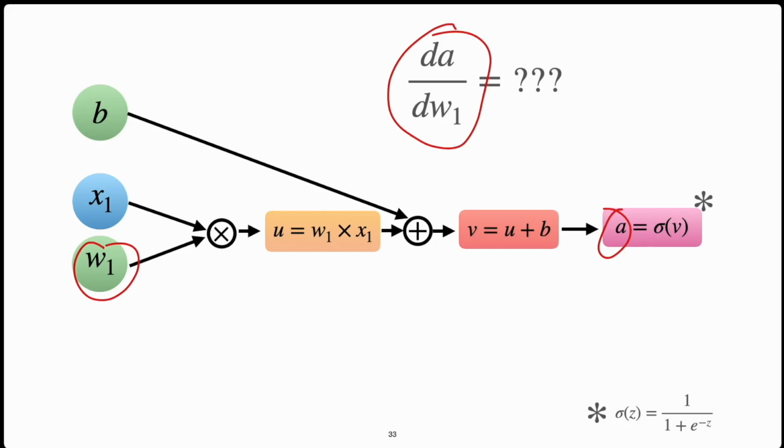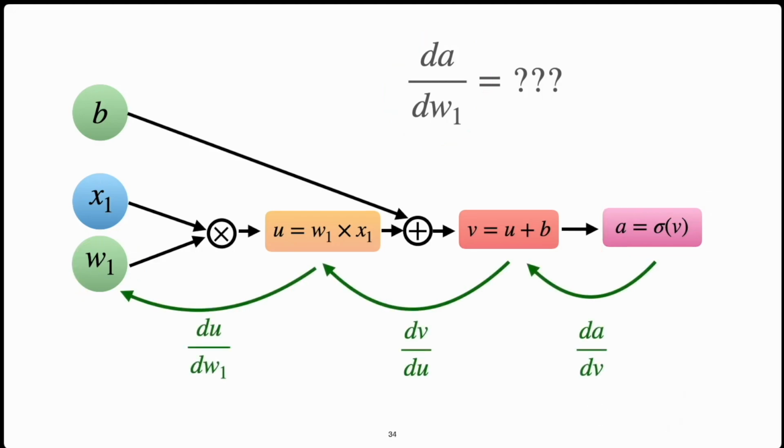So how would we do that if we don't have any computational tool that can help us with that? What we can do is apply the chain rule and compute these individual derivatives and then combine them together.